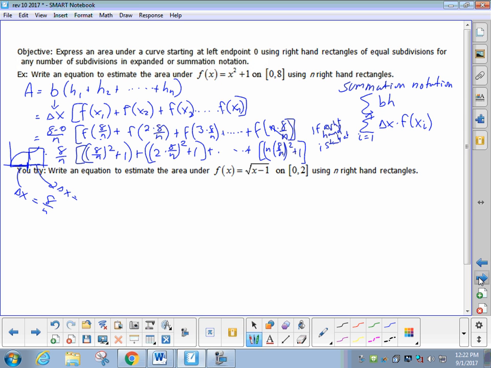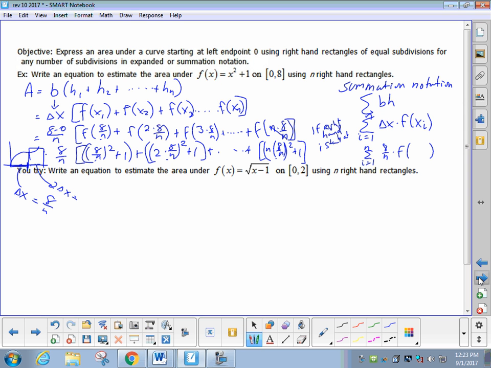In this problem, we could go a little more detail specific. We could say that for this problem, delta x was 8 divided by n. And x sub i, if you were to go more specific, the x that went in was 1·8/n, 2·8/n, 3·8/n, n·8/n.